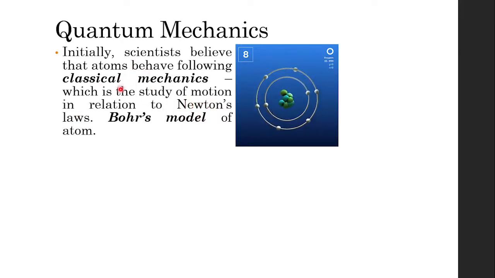But the issue with classical mechanics and Newton's laws is that they can only describe movement on a macroscopic level, meaning normal sizes like us, or the world where we move. The issue then comes because these atoms are actually very, very small.